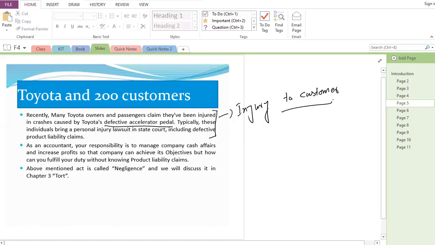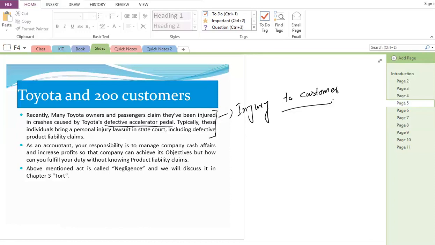When there is a physical injury to the customer or physical injury to their property, the customer is going to sue the company. That product was manufactured by the company, so the company is responsible for any injury, loss or damage to the customer due to the product that the company has made. So now our accountant's responsibility is to record all the debits and credits. Okay, that is right.